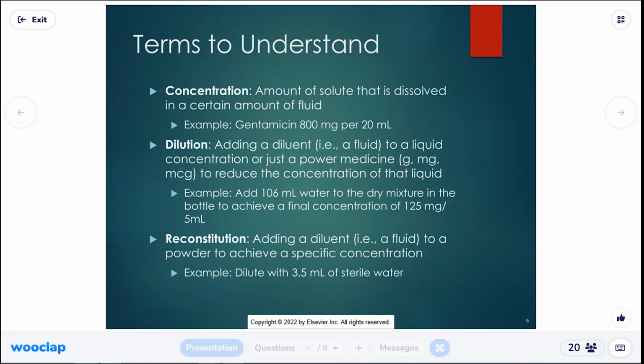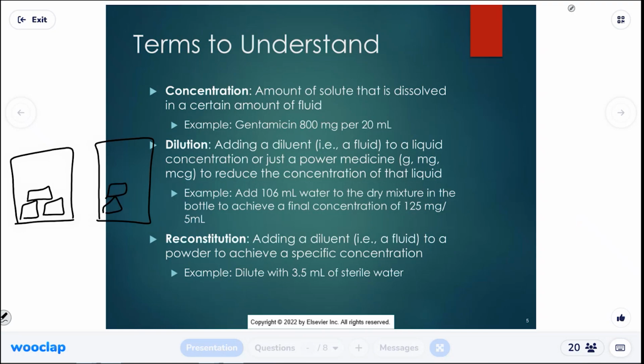But concentration, again, I've told you, is the amount of solute that is dissolved in a certain amount of fluid. So what is that saying? This is what I always do for A&P. I've got 2 beakers or 2 glasses, right? Each of these, let's say, has 3 something in there. We could do lemons.